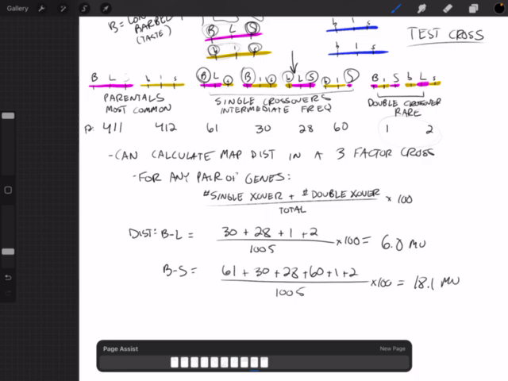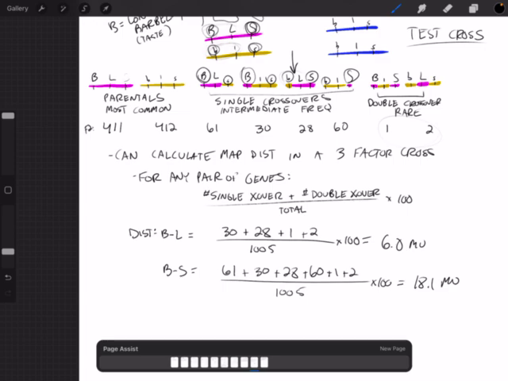So hopefully you noticed a difference. For the distance between B and L, we only added 2 of the single recombinants together. For the distance between B and S, we had to count all of the single recombinants together. So if you ever get this kind of question, which gene is in the middle, you calculate the map distance between a couple of the genes, and any one in which you happen to count all the things, those are the bookends.